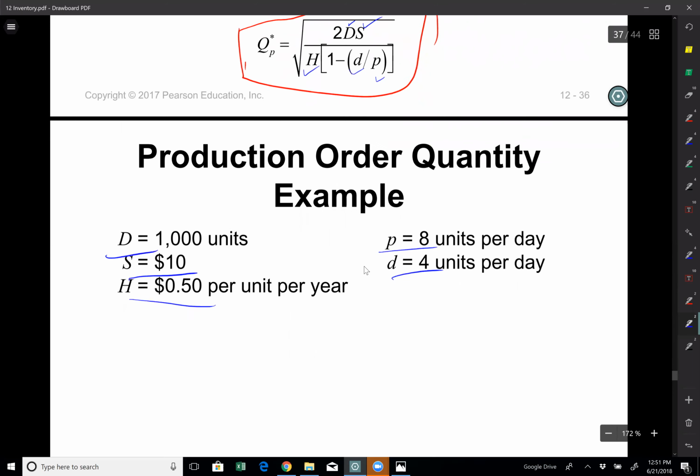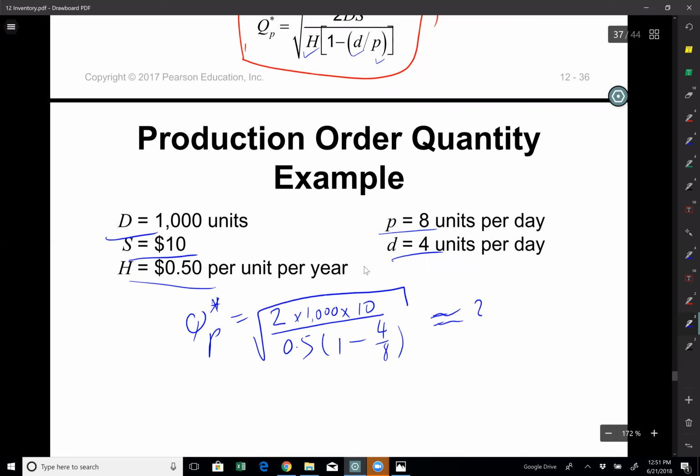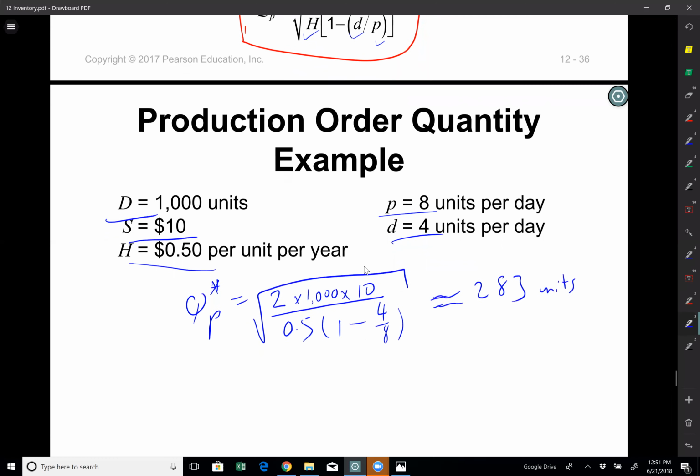So I can just plug these values into my formula and calculate my optimal production quantity or batch size, which is the square root of 2 times 1000 times 10 divided by H, which is 0.5, times (1 minus d over p), which is 4 over 8. If you do the math, you will get around 283 products. That's the best batch size that will minimize my total cost.